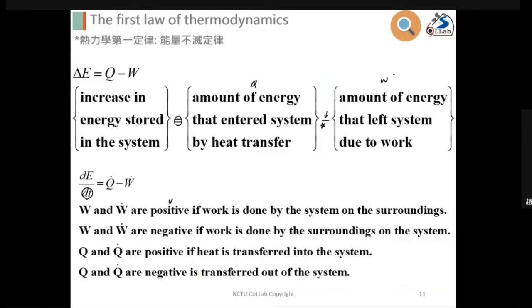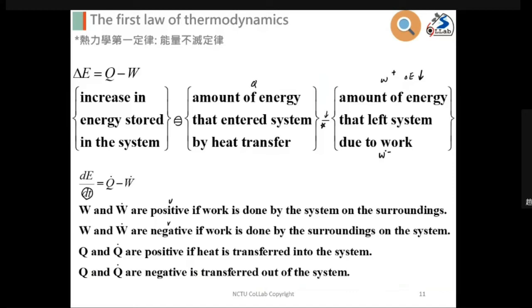So there are four sentences that summarize the properties here. As I mentioned, if the W is positive, that means the work is positive, but you just consider there is a negative sign here. So if the work is positive, it will let the delta E decrease. If you notice the sentence showing here, the work is done by the system on the surroundings.